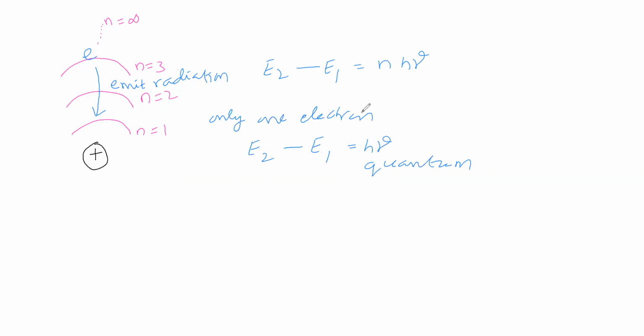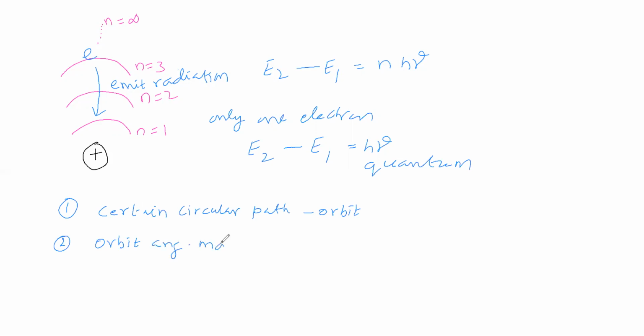So let us recollect the postulates of Niels Bohr model. One point is that the electron revolves around the nucleus in a certain circular path called an orbit. The orbit has angular momentum.